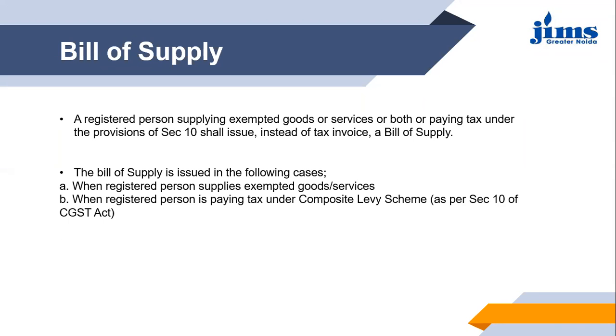GST compliance will not be made individually for all the supplies made by the supplier, but on the lump sum amount of the supplies that he is doing, goods or services, at a particular rate. So if any registered person is registered under the composition scheme, then he doesn't need to charge the tax from the recipient.